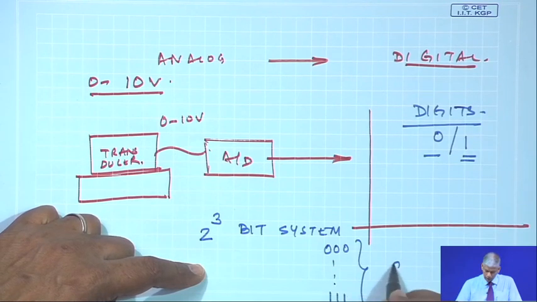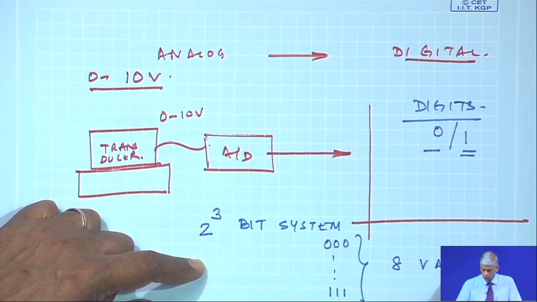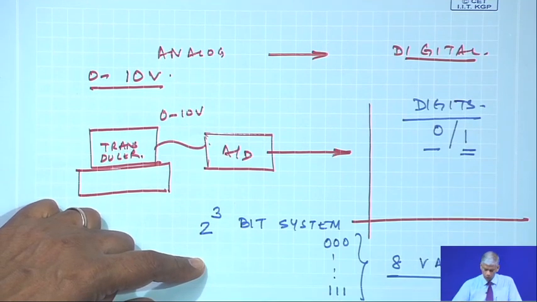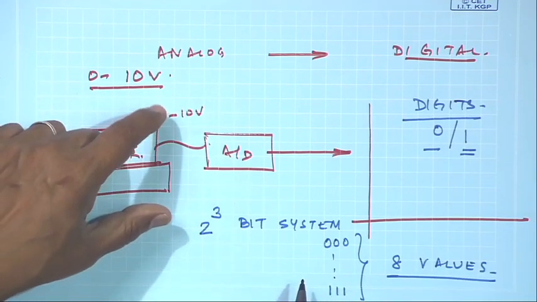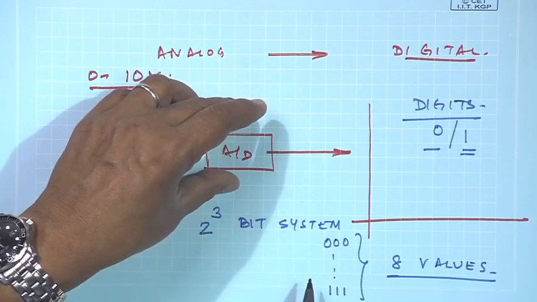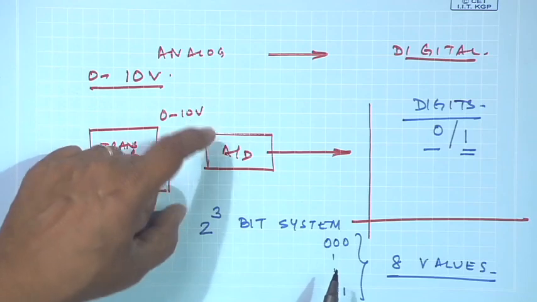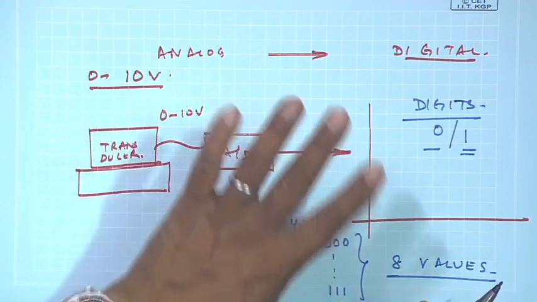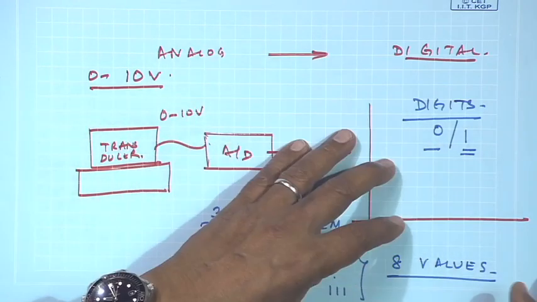So, I will have 8 values. Whatever be the analog signal which is coming to the system, my A to D is only able to convert into digital values and only has 8 locations to store this value.